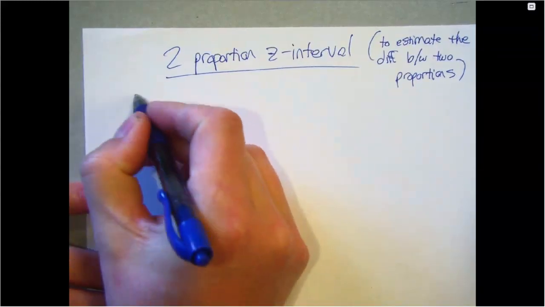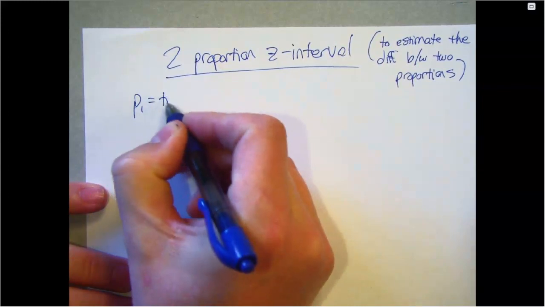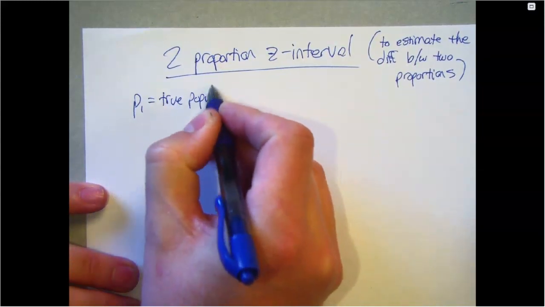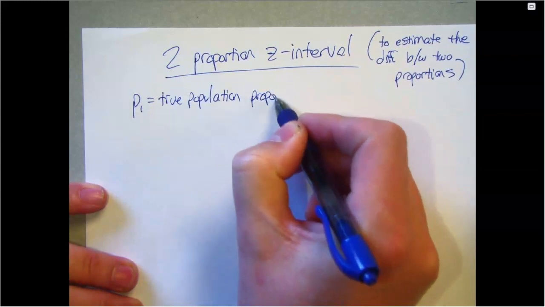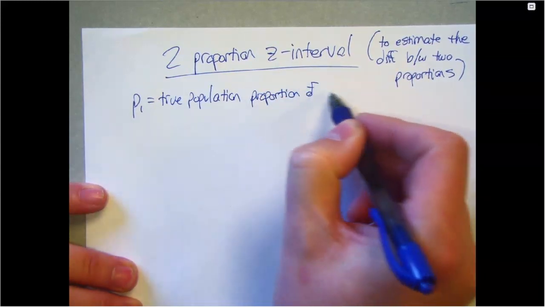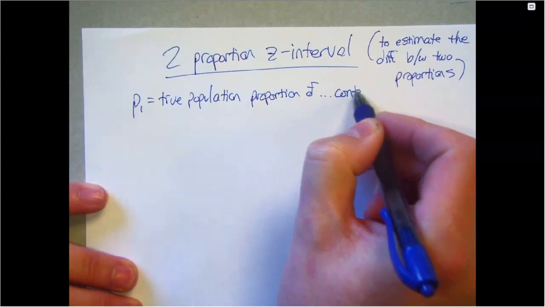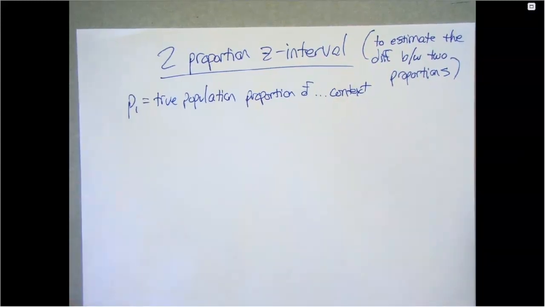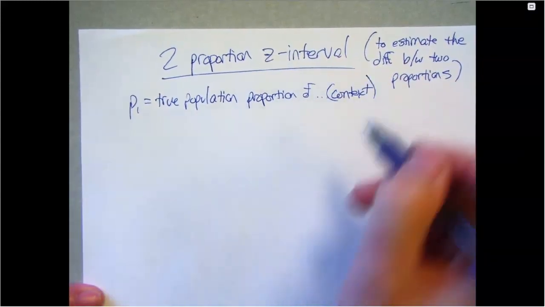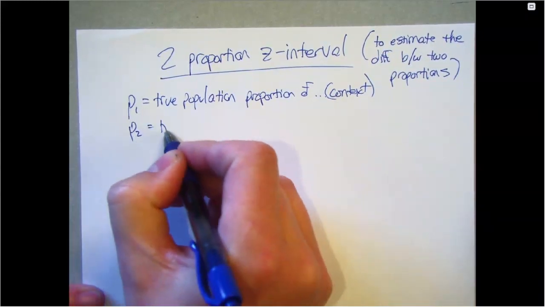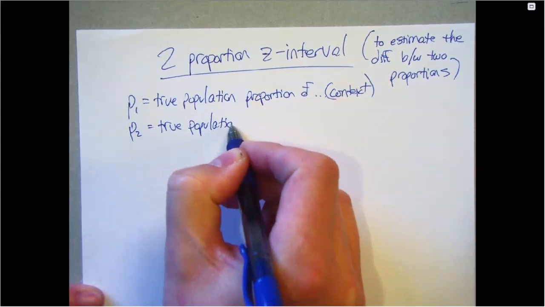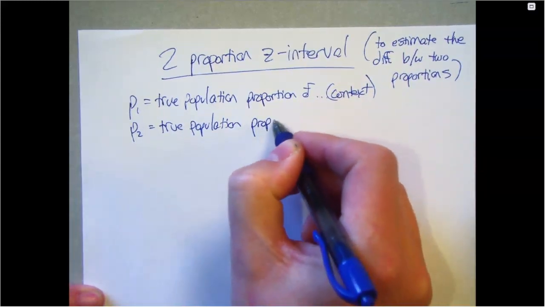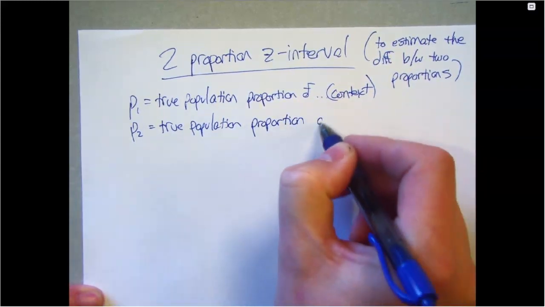So you start off by saying P1 equals the true population proportion of whatever context there. And P2 equals true population proportion of whatever else.